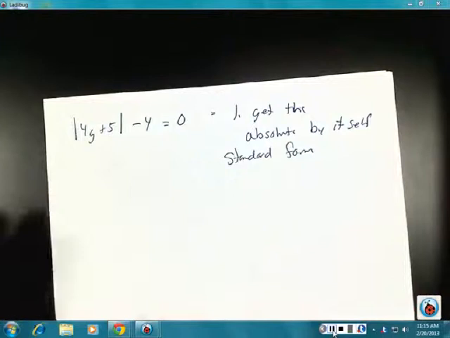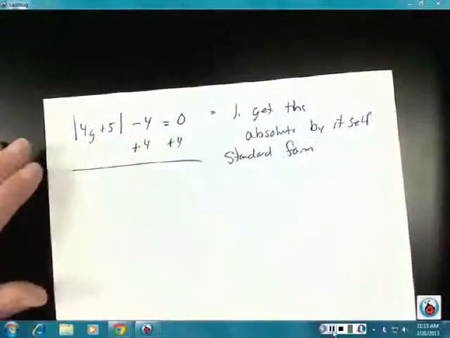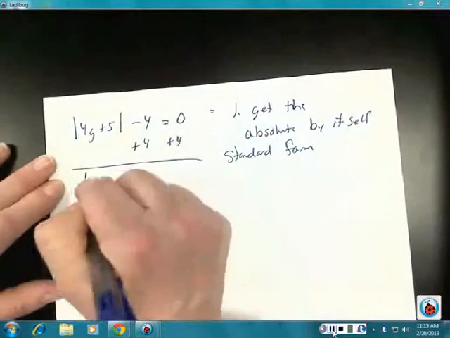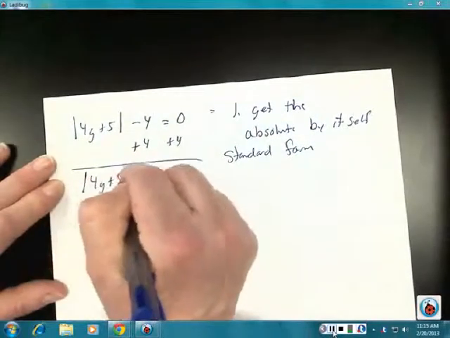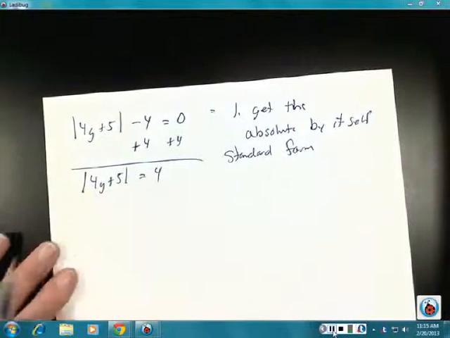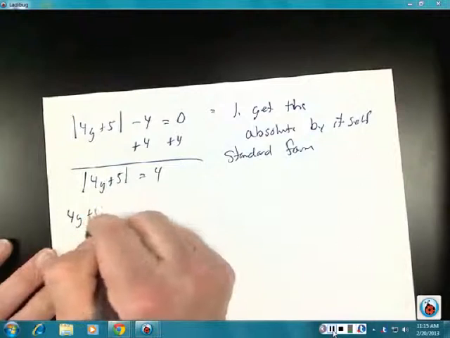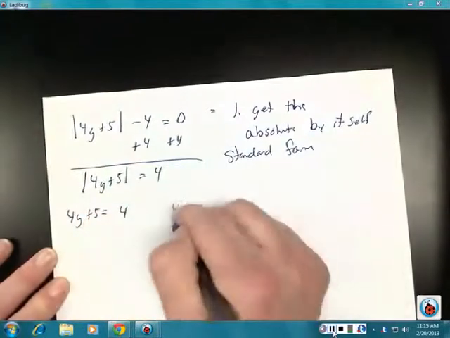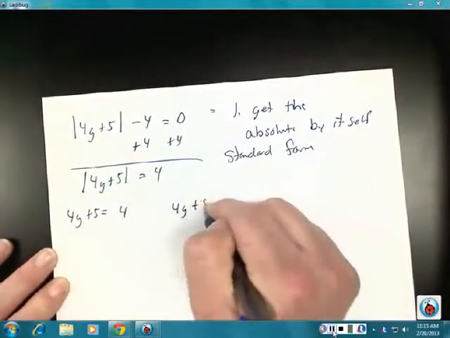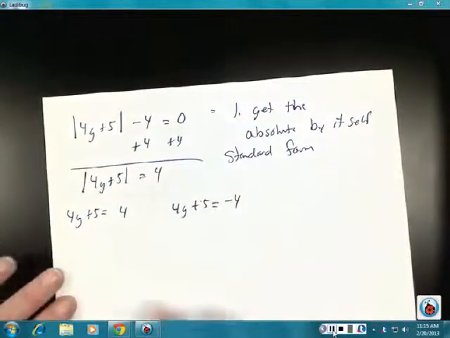Nope. So I need to add 4. So it's kind of like doing a problem within a problem. Now my absolute value is all by itself on this side, and so then I can solve it from there. The 2 equations are going to be 4y plus 5 equals 4, or 4y plus 5 equals a negative 4. And then you would solve it and get your 2 answers from there.